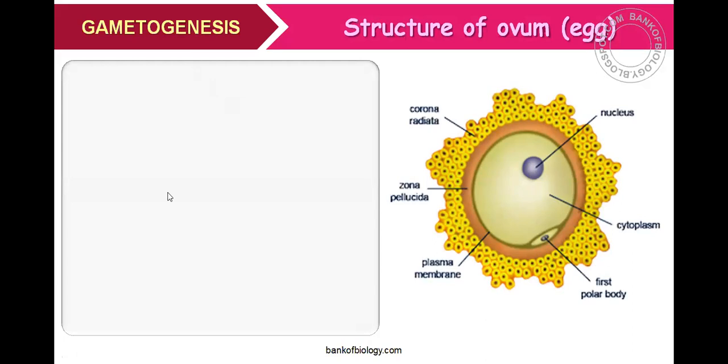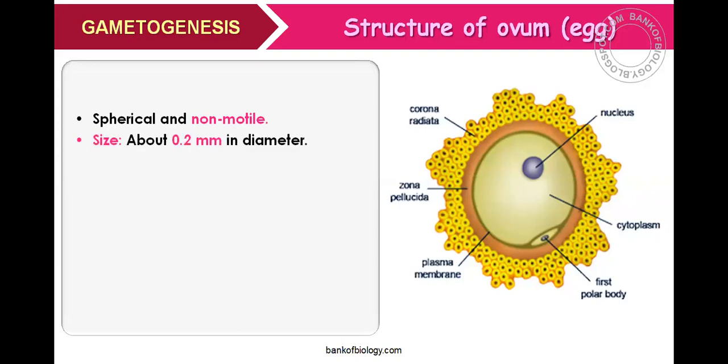स्ट्रक्चर ऑफ ovum एक बार देखेंगे. यहाँ पे देखो बेटा, अंदर nucleus है, then the first polar body which is formed here, still it is there, that cannot be released out. और ये spherical है, non motile, only sperm is motile, 0.2 mm in diameter.